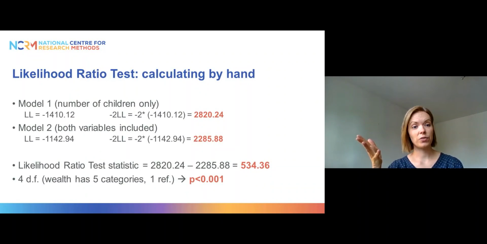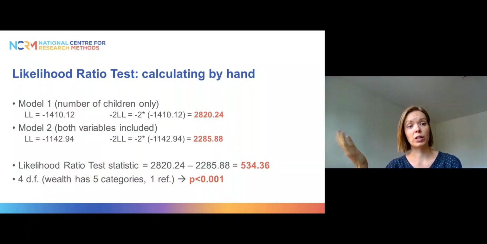We have 4 degrees of freedom because our wealth variable was a dummy variable with 5 categories, 4 of them which actually appear in the model because one of them is the reference category, poorest, and it doesn't do anything in the model other than being the reference category. And if we compare that to the chi-square distribution with 4 degrees of freedom, we get a very small p-value. So we conclude that adding wealth to the model was statistically significant and we should keep it in the model.